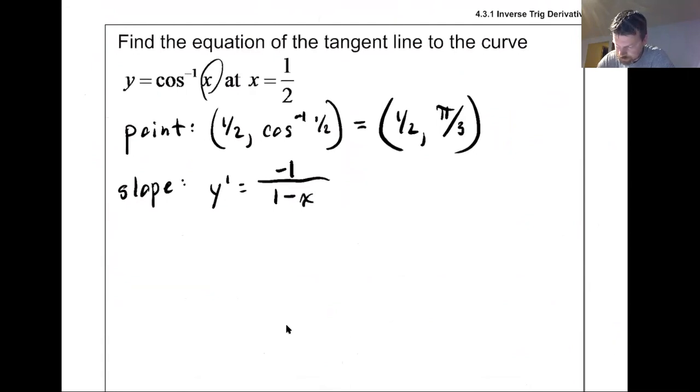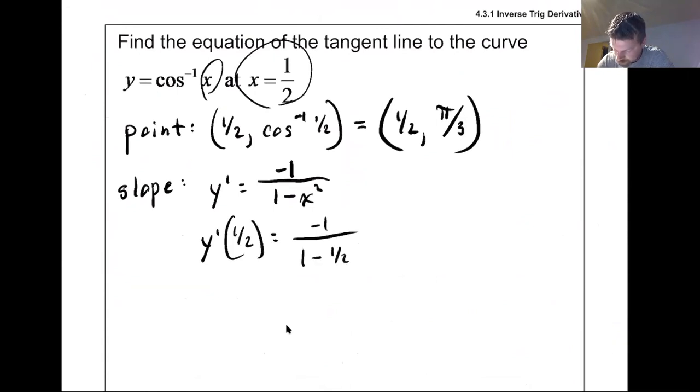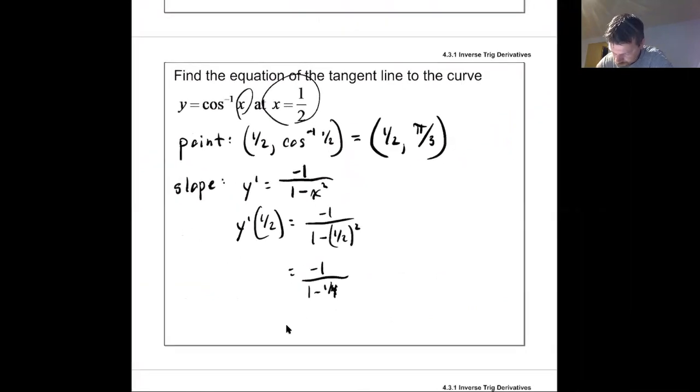So 1 minus x squared. Particularly, I want the derivative at that 1/2. So I want the derivative evaluated at 1/2. So that'd be -1 over the square root of 1 minus 1/2 squared. That's the same as -1 over the square root of 1 minus 1/4, which is equal to -1 over the square root of 3/4, which is equal to -4/3.